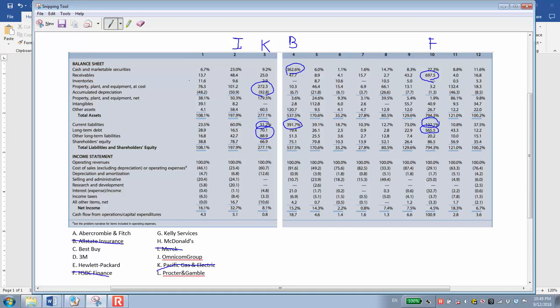So let's do the next. What else is left? So 1, 5, and 12.